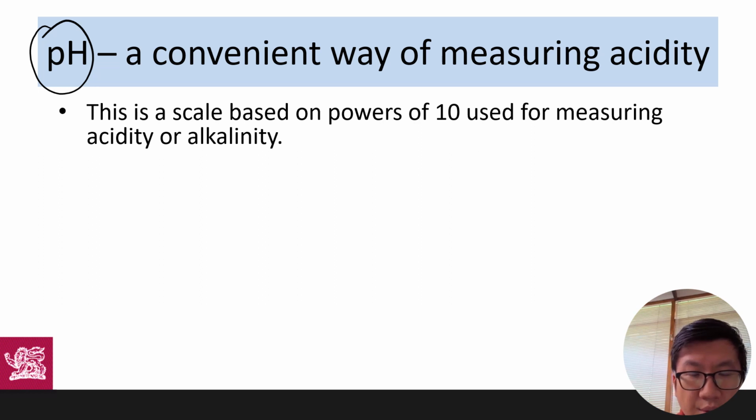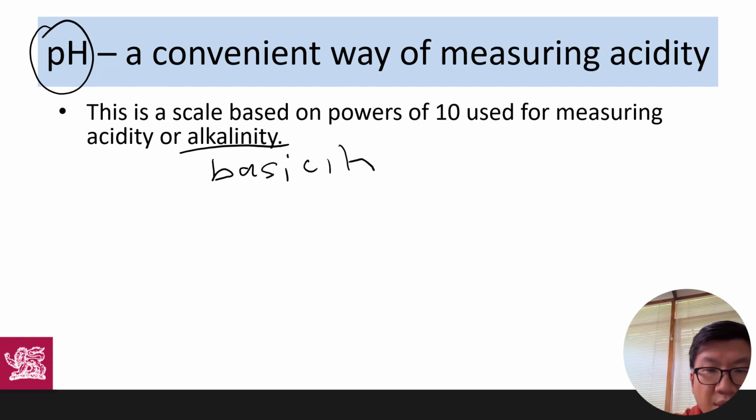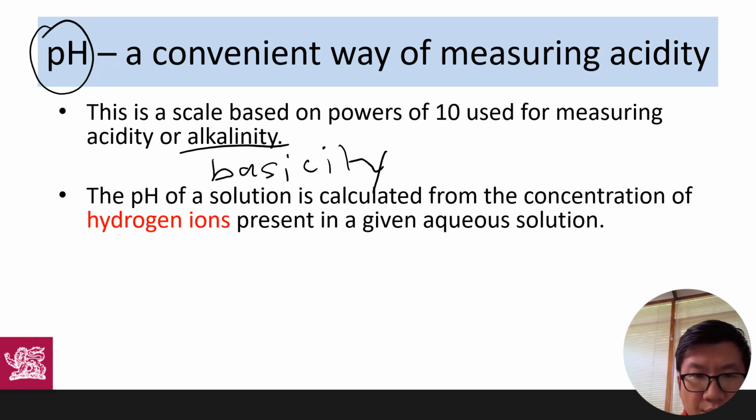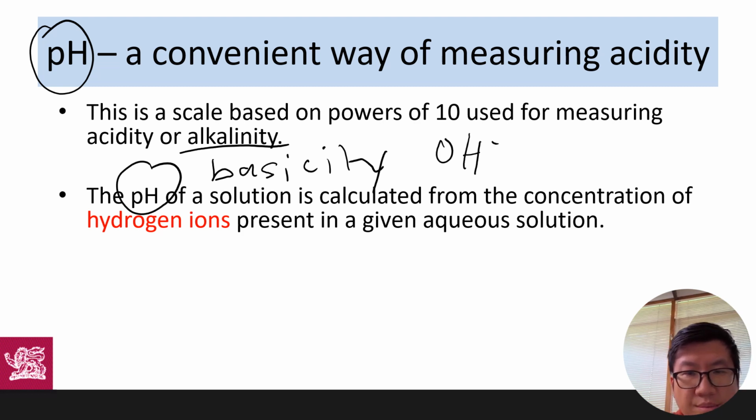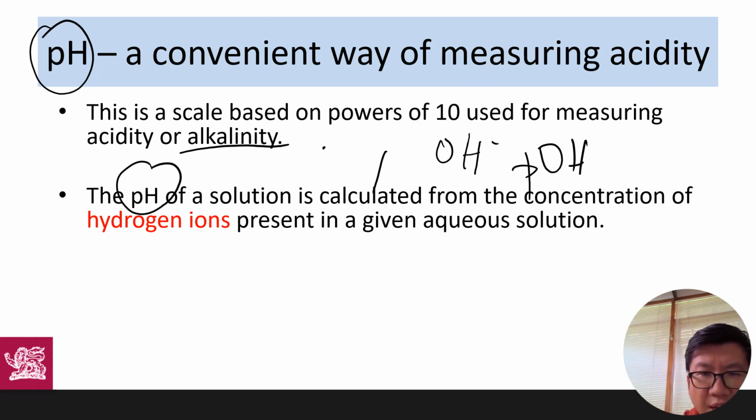So this is a scale based on powers of 10, measuring acidity or alkalinity, which is another word we use for basicity or how basic a substance is. pH is specifically measuring acidity. Whereas basicity is typically measuring the concentration of hydroxide ions. So that's written as pOH instead. But we'll ignore that for now.